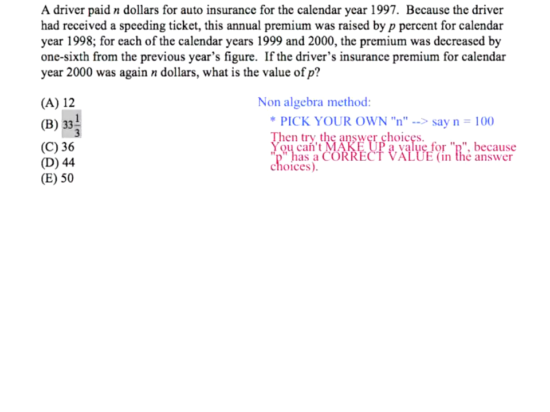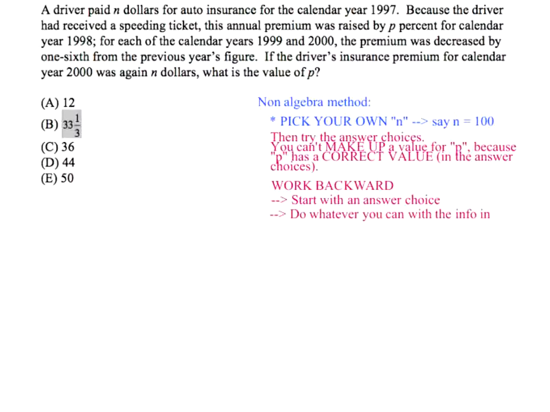So you work backward from the answer choices. In other words, instead of starting with the problem and ending with an answer choice, you start with an answer choice. You just do whatever you can do with the information in the problem.